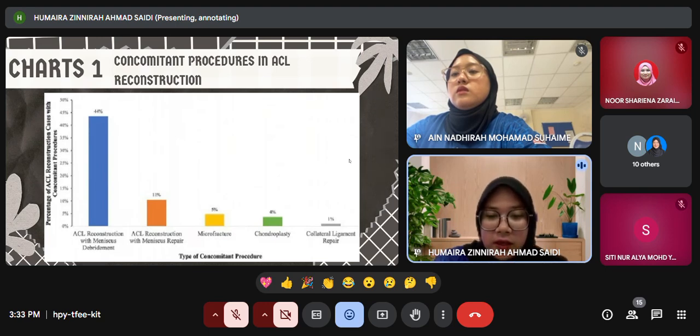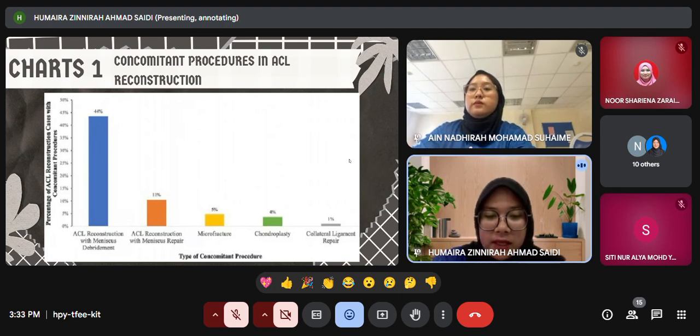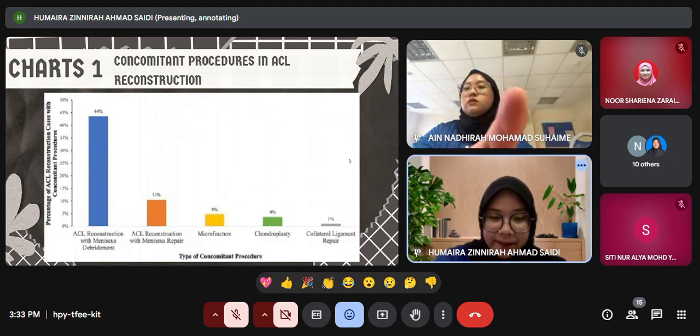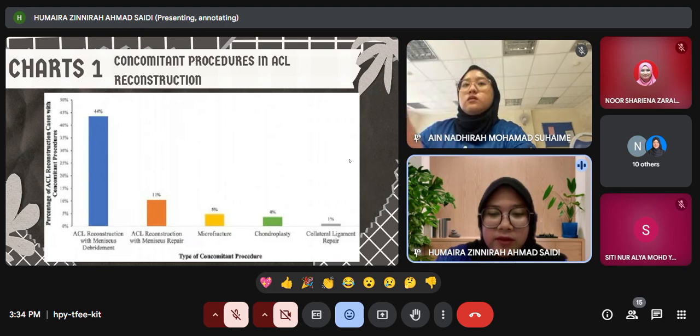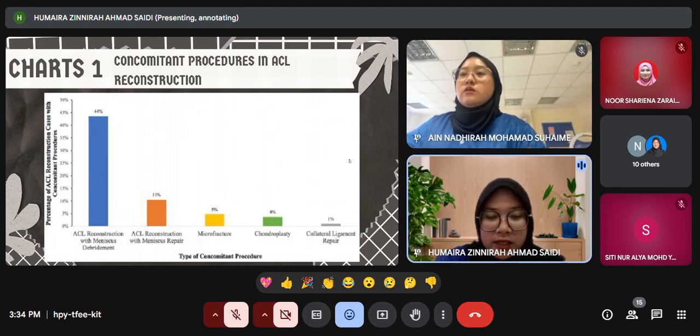And lastly, collateral ligament repair is 1%, appearing the least frequently. From this chart, it clearly shows that meniscus debridement is by far the most frequently chosen additional procedure.